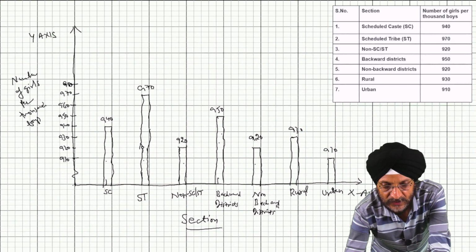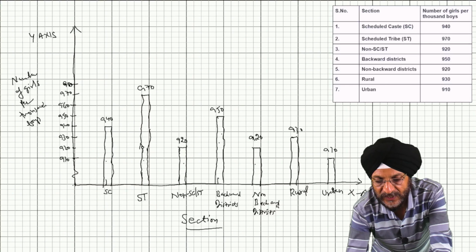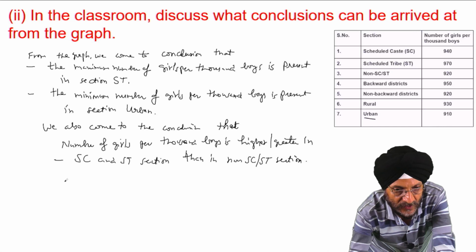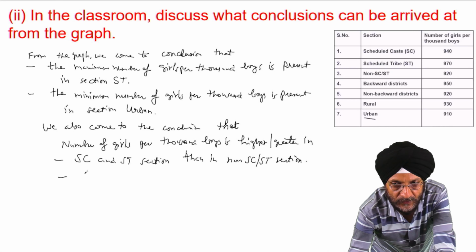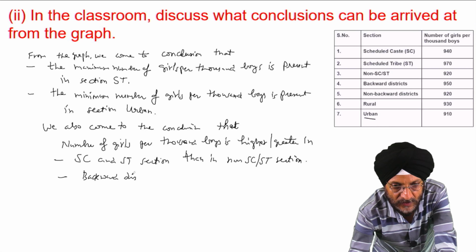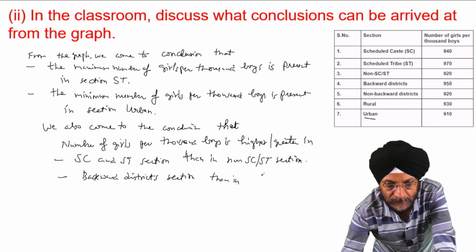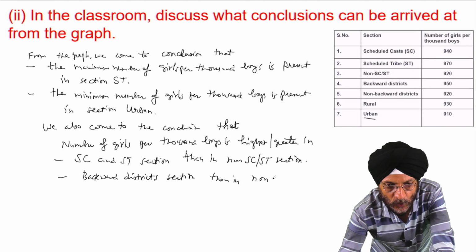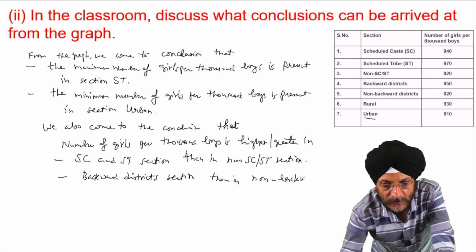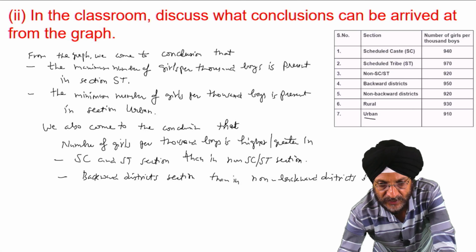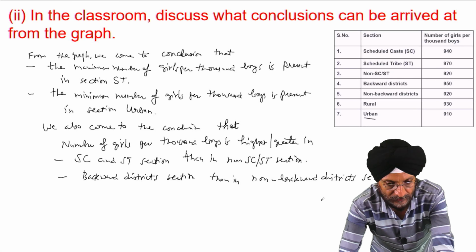Now, in backward districts, then in non-backward districts, it is higher in backward district section than in non-backward districts section.